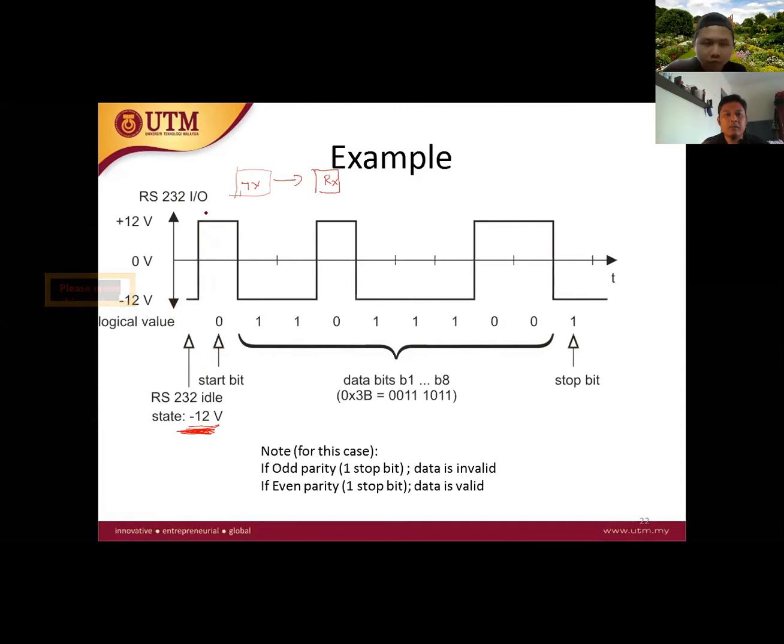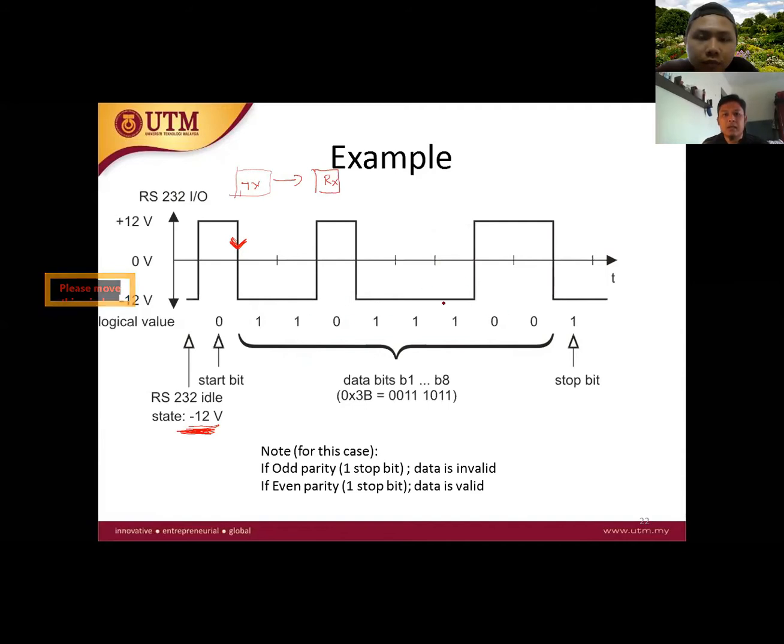The start bit means the voltage level changes from negative 12 volts to positive 12 volts. After it detects this falling edge, only the falling edge, the data starts to be transmitted. This will be the least significant bit, and this will be the most significant bit.